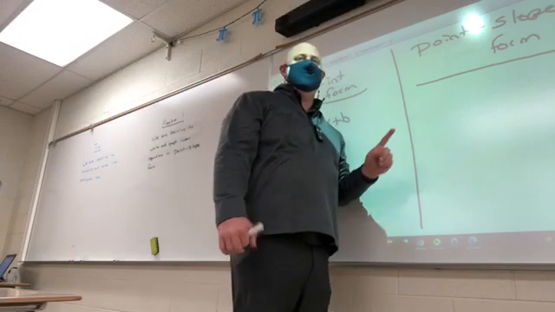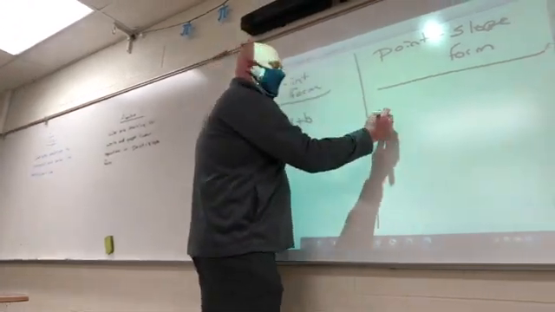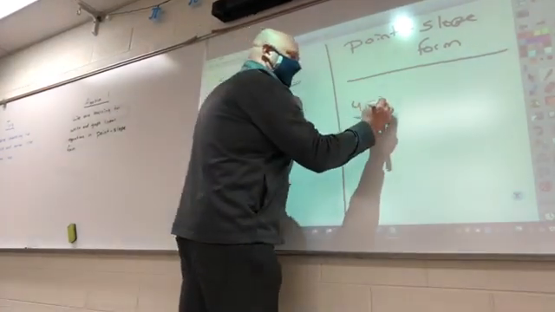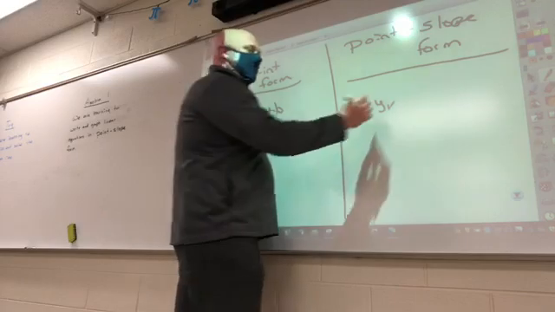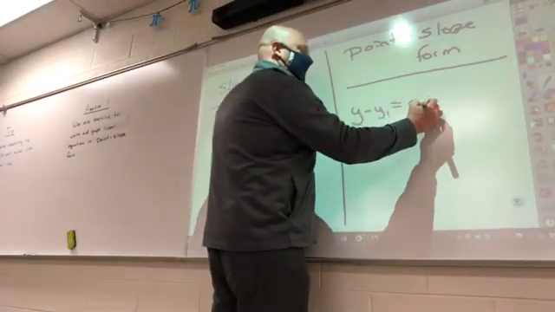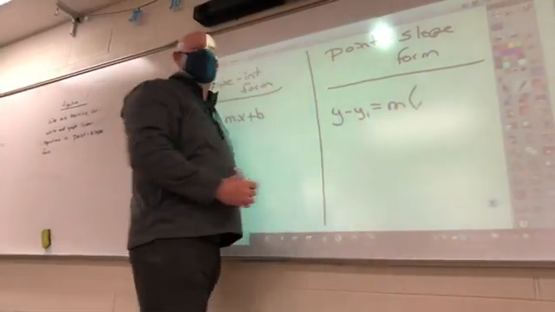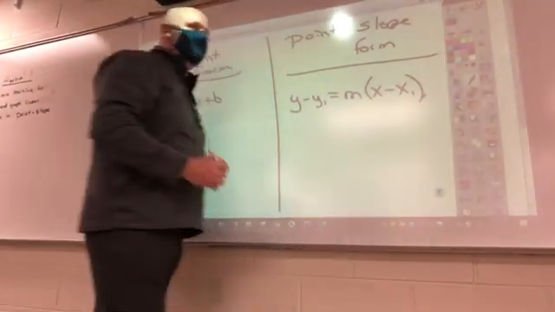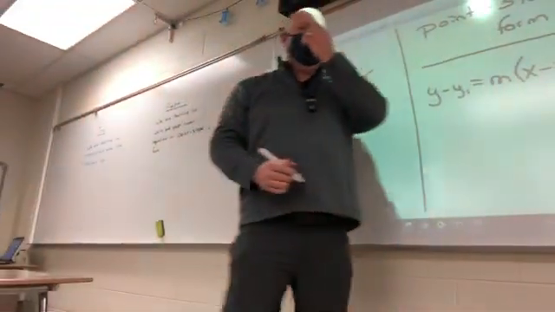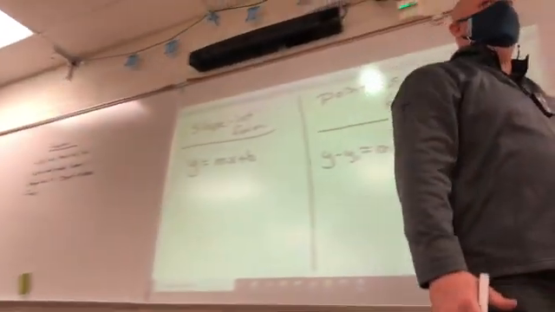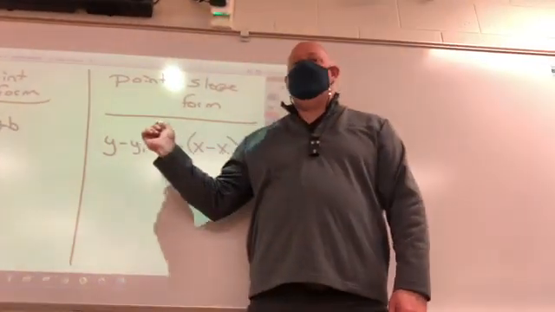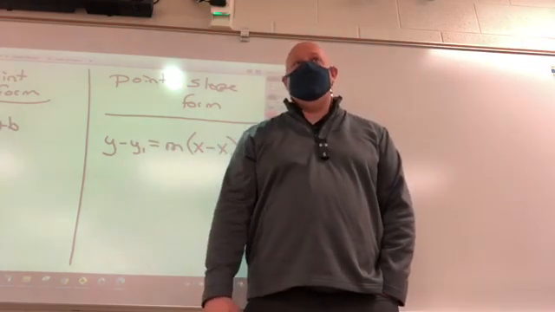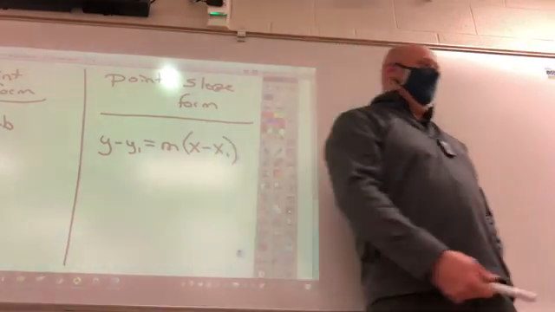And the equation is this, and you may want to write this down. It's actually just y minus y1 is equal to m times the quantity of x minus x1. Now, it looks longer, okay? It definitely is longer than y equals mx plus b. It looks more complicated.